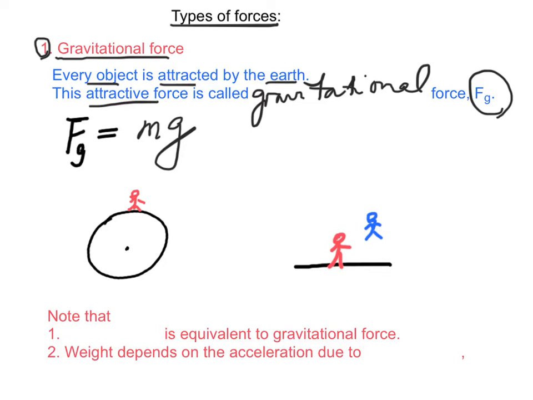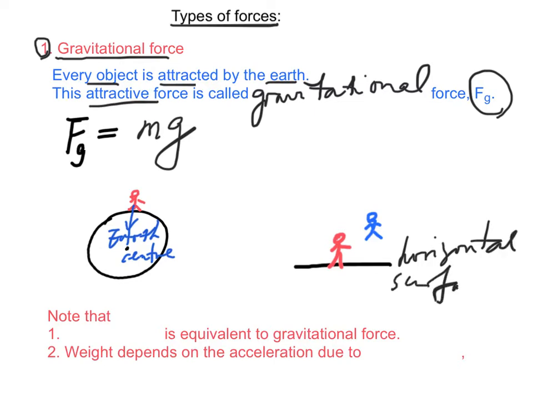If we consider the Earth as a whole, the gravitational force on the man is directed towards the center of the Earth. If we consider a horizontal surface, the gravitational force on the man standing on the surface is perpendicular to the surface.